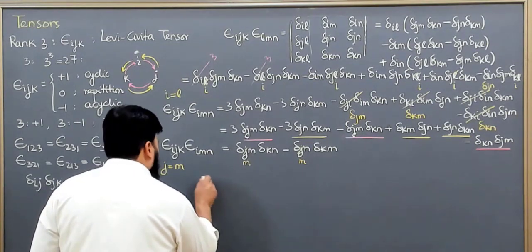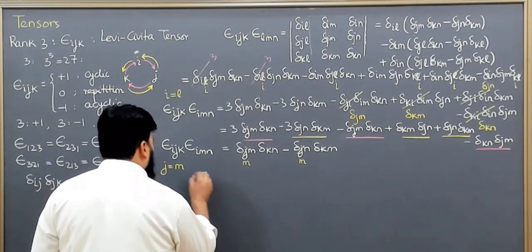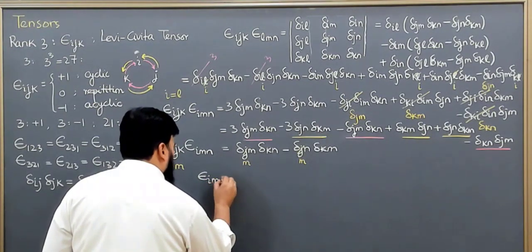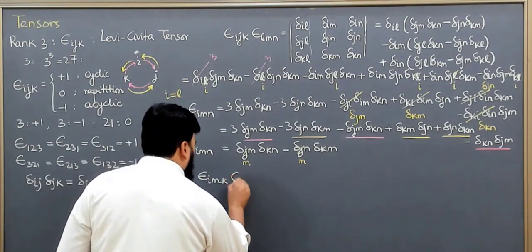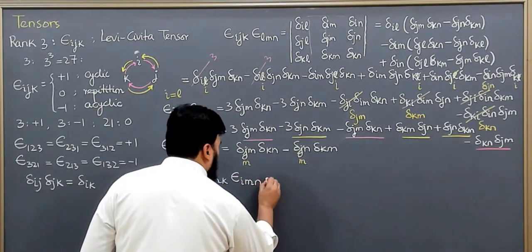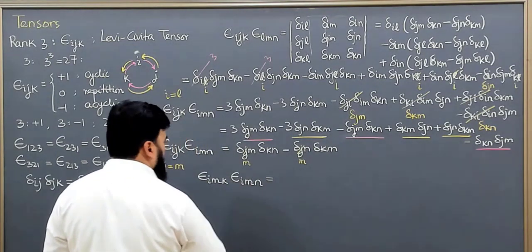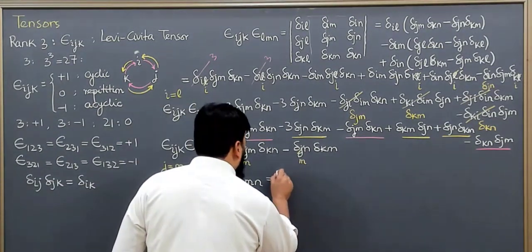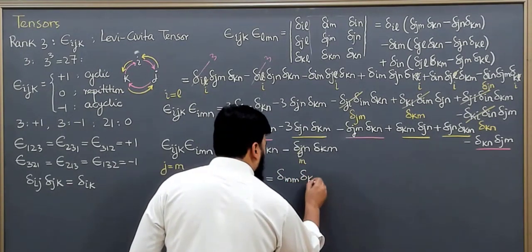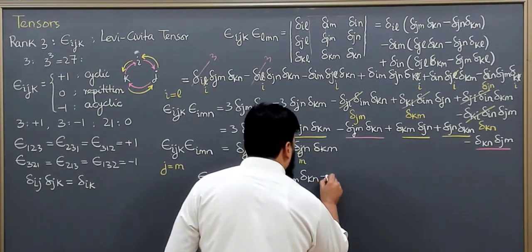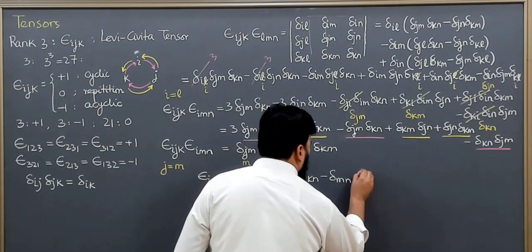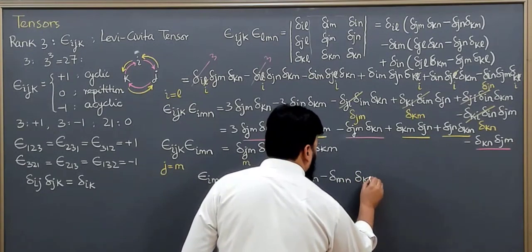This implies epsilon imk and epsilon imn. Now two indices are the same, so we will have delta mm delta kn minus delta mn delta km.